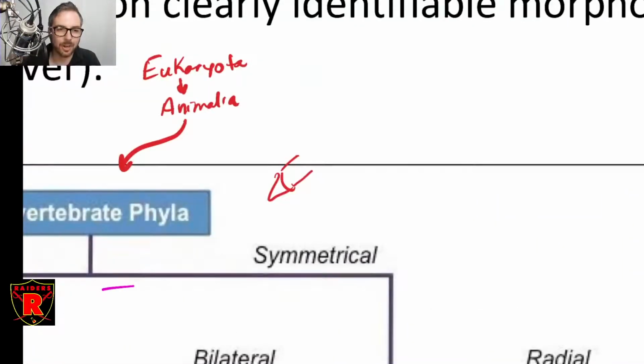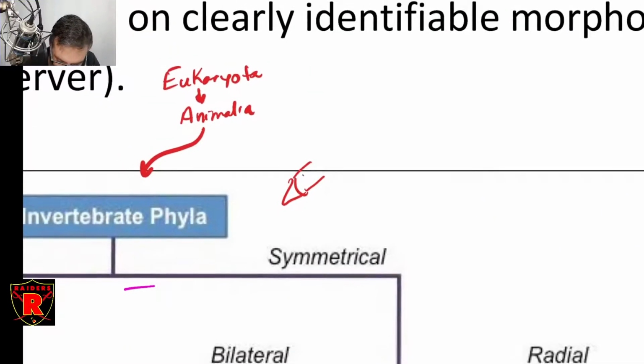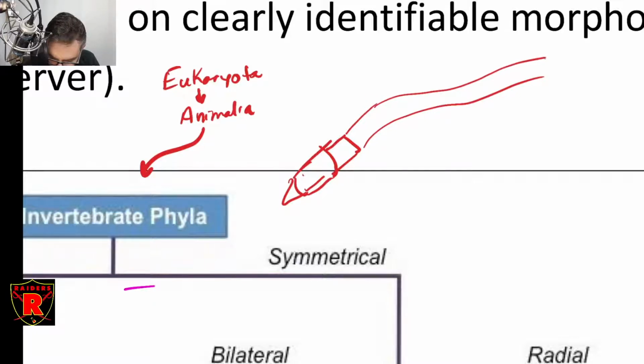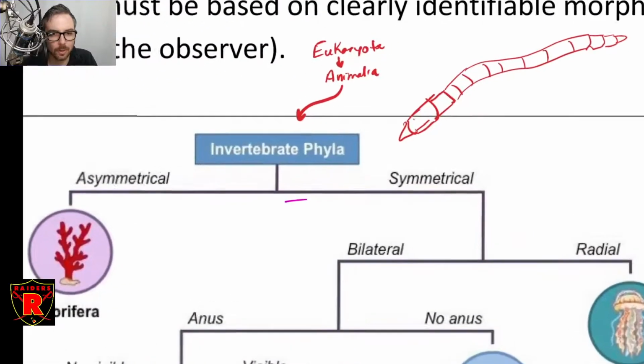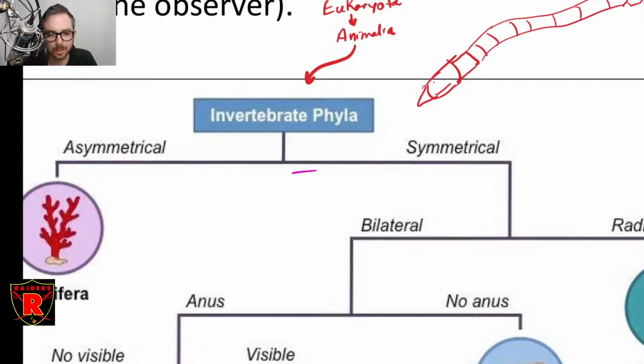Okay, you go into your garden and you see a little earthworm crawling around in your garden. And you want to know what kind of invertebrate is this earthworm. So first of all, you're going to make a choice when you look at it.